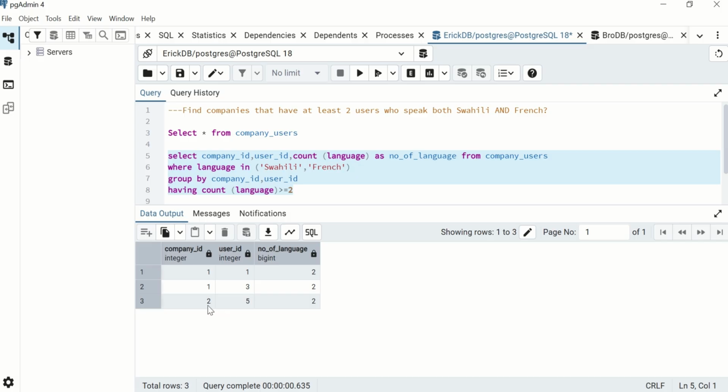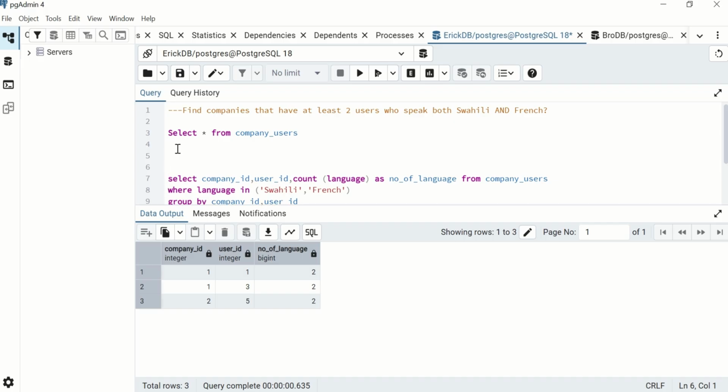In company ID 2, there is only 1 user, that is 5, who speaks both Swahili and French. So for that, we can group by company and count the number of users.